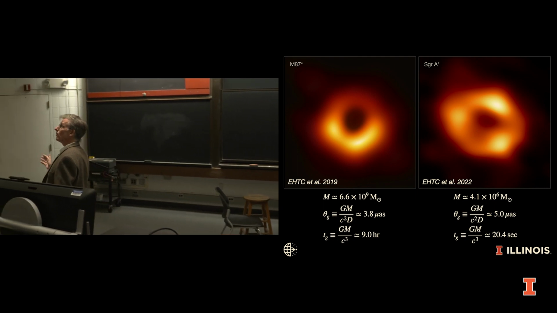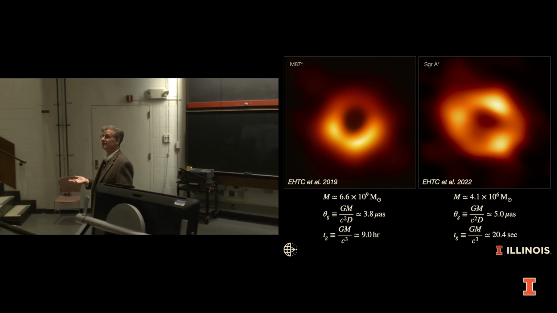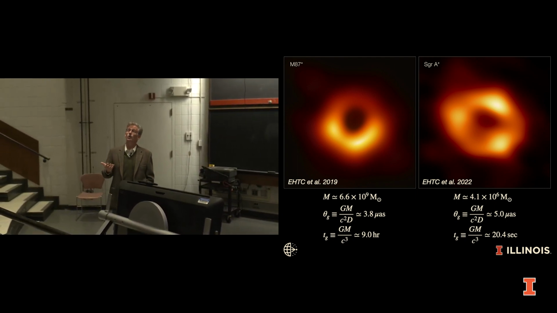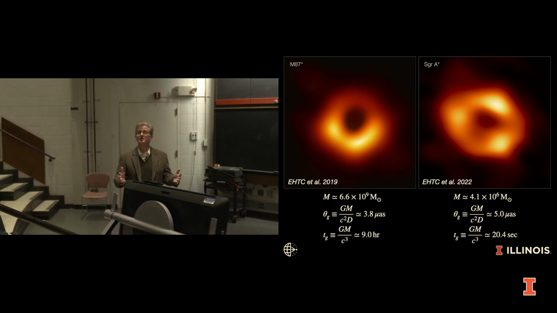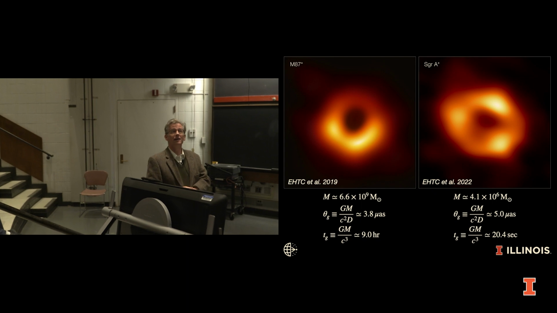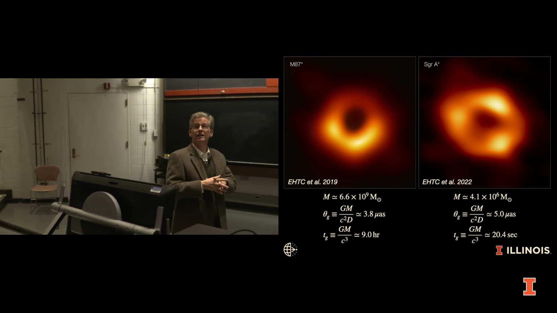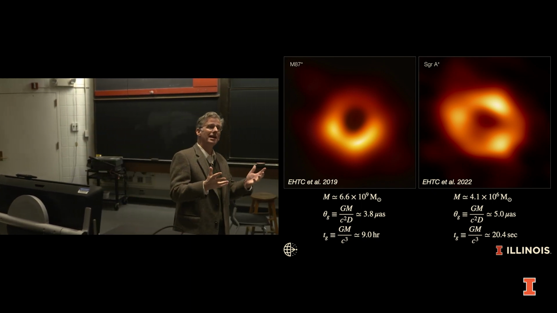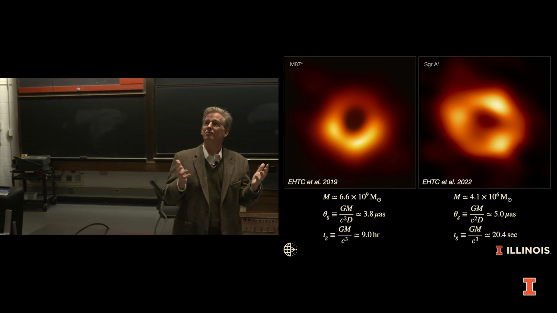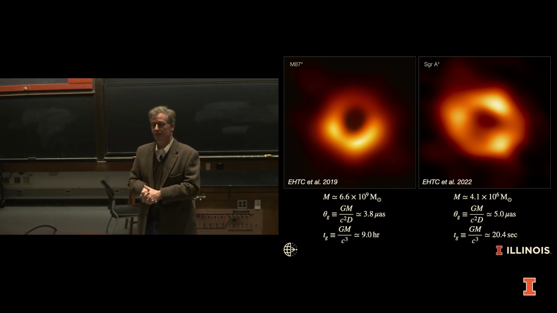I've got a little more information here about each of these sources. They're at very different distances from us. The one on the left, M87, is a black hole that we believe has a mass of about 6 billion times the mass of the sun. It's in a galaxy that's not right next door, but it's in our cosmological neighborhood.